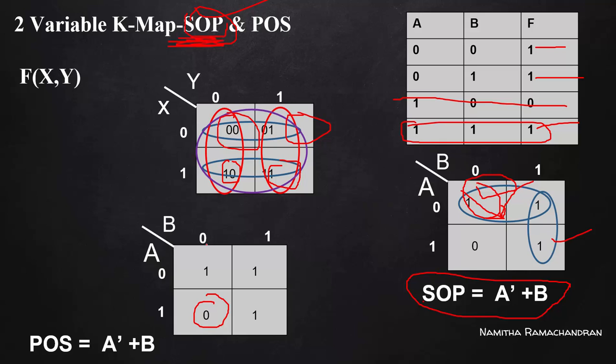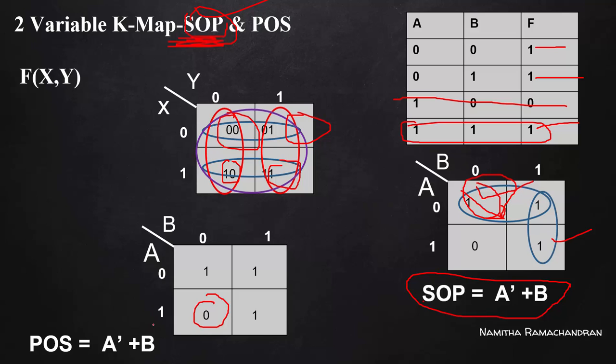And in the max term, if the variable has value 0, then we need to write its original form. Based on that, we can represent the expression for this particular 0 like A complement plus B.